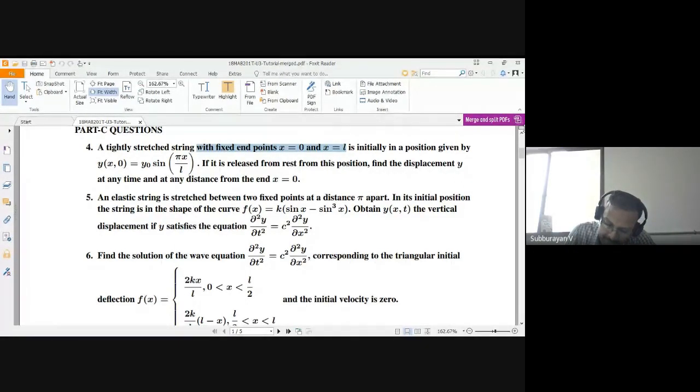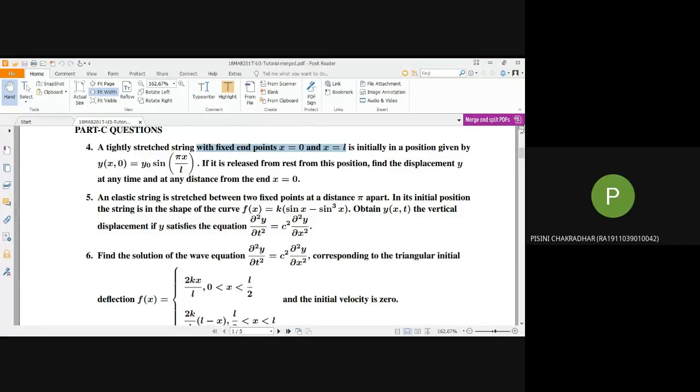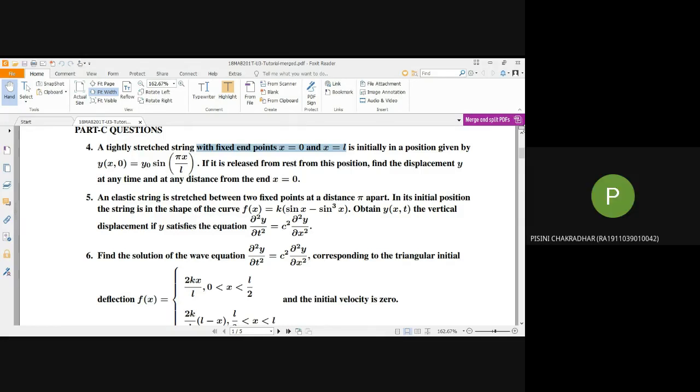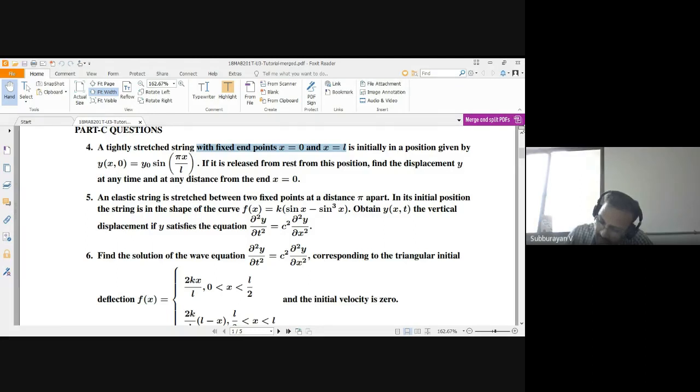What is f of x? f of x equals k into (3 by 4 sine x minus 1 by 4 sine 3x)... clubbing these two terms, we get k by 4 sine x plus k by 4 into sine 3x.